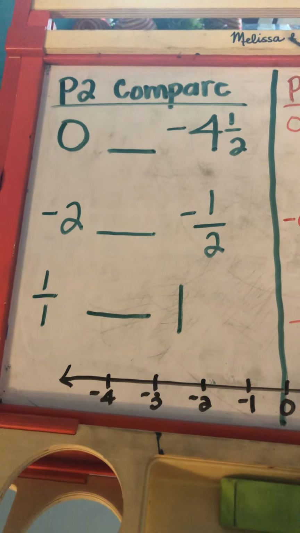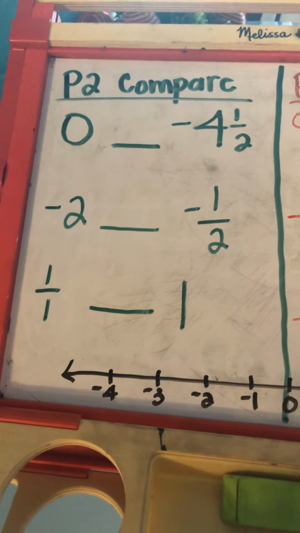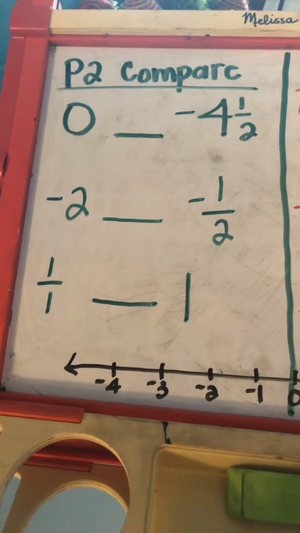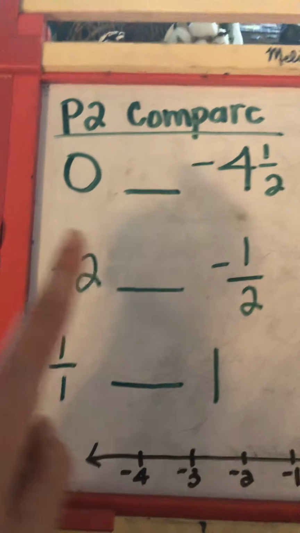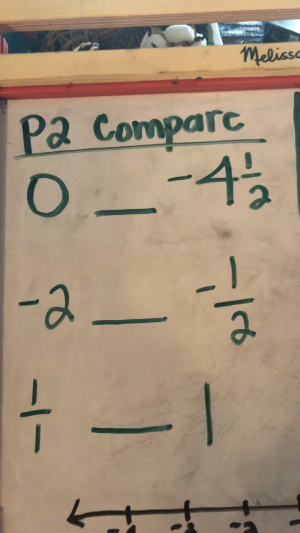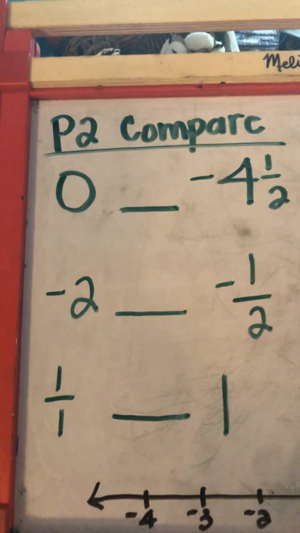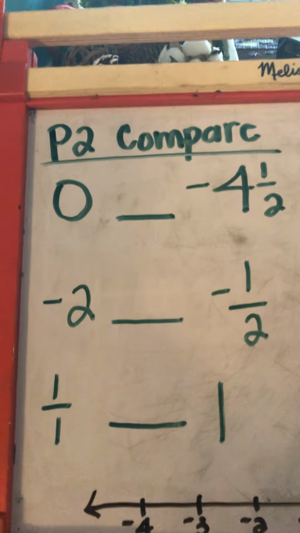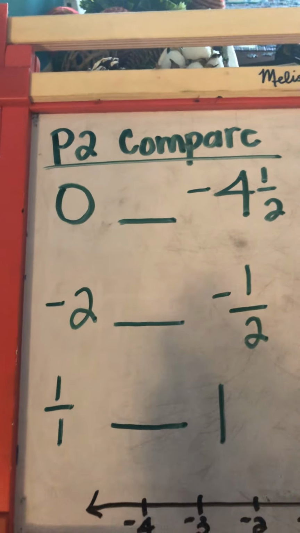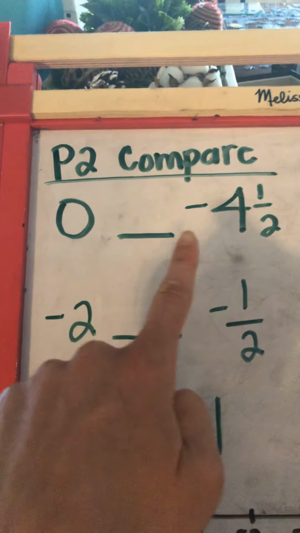So P2 is your first skill today, and it is comparing rational numbers. So it's going to give you two numbers just like this, one on the left and then one on the right, and it's going to ask you to put a less than, a greater than, or an equal sign in between those two numbers. So we would just select the sign in IXL of what should go in here.